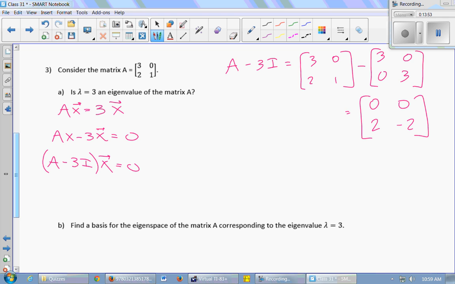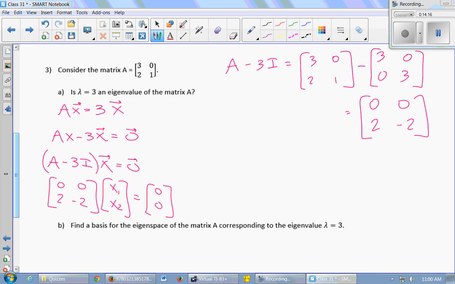So I'm really trying to solve the equation (0, 0; 2, -2) times (x1, x2) equals (0, 0). It's a zero vector. So how do I solve that matrix equation?